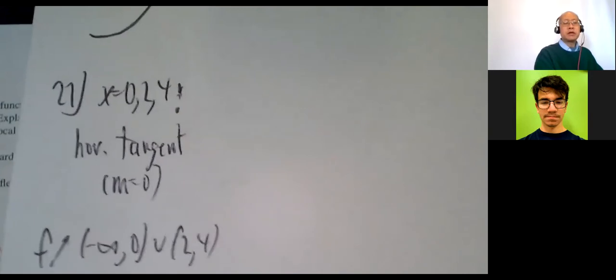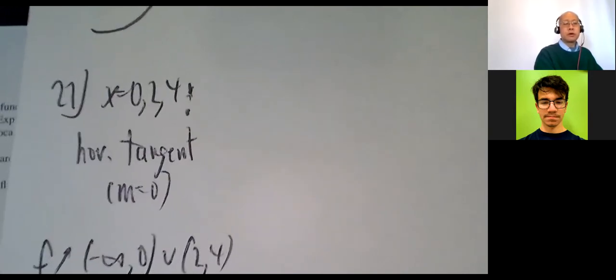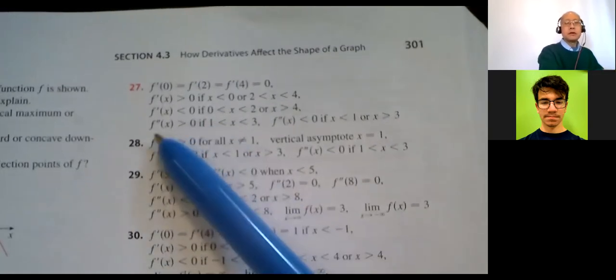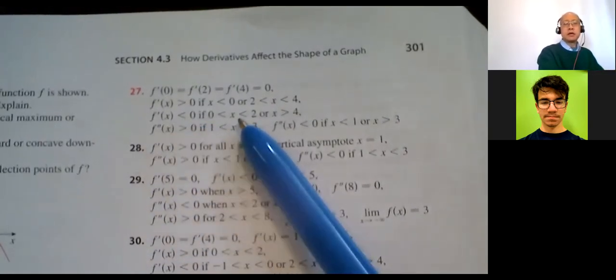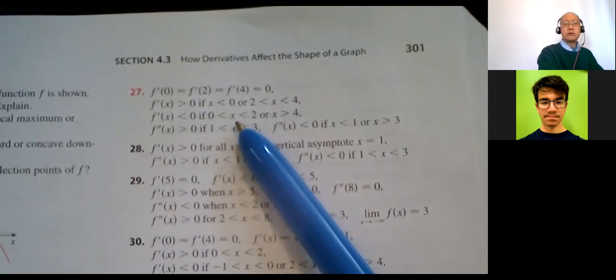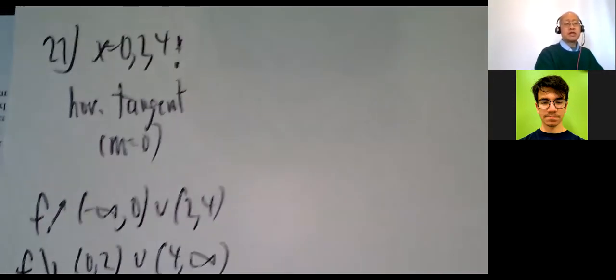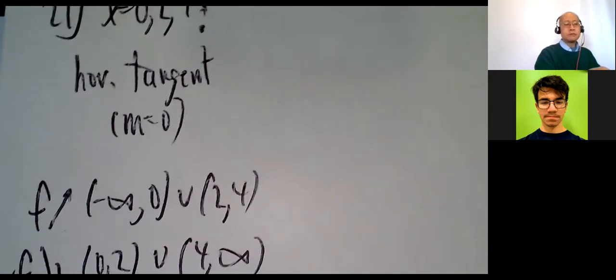F is increasing from negative infinity to 0, union 2 to 4. F prime of X less than 0: decreasing between 0 and 2, or X is greater than 4. In interval notation, F is decreasing from 0 to 2, union 4 to infinity.